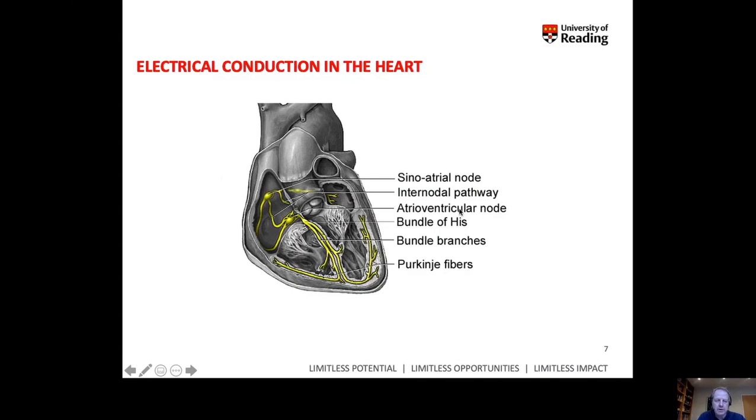A number of nerve fibers, bundle of His, bundle branches, and Purkinje fibers, specialist fibers within the heart. Again, this relates a little bit to the way that the heart is under some neural control. Remember, the heart conduction itself is myogenic, not neurogenic, but there are important fibers present in the heart that we probably need to know about.